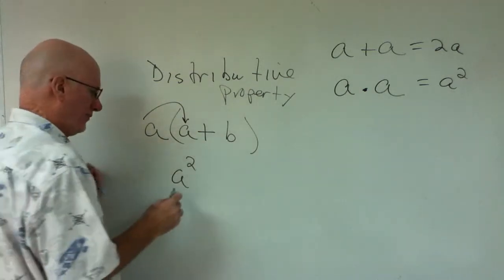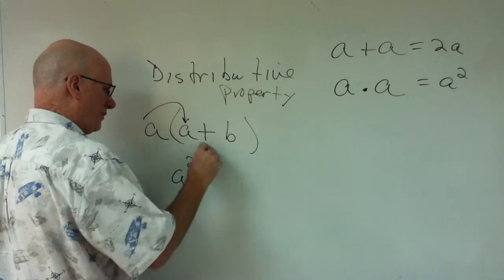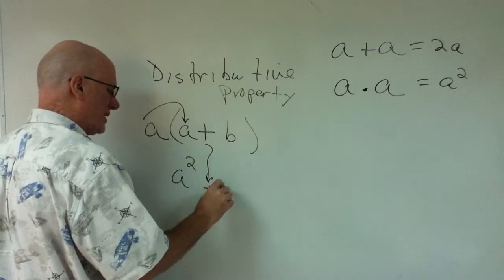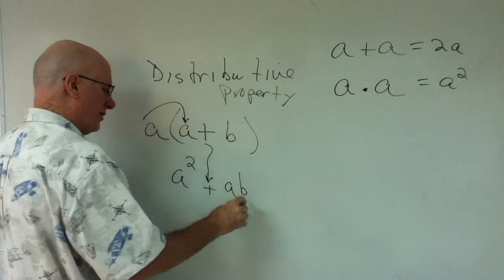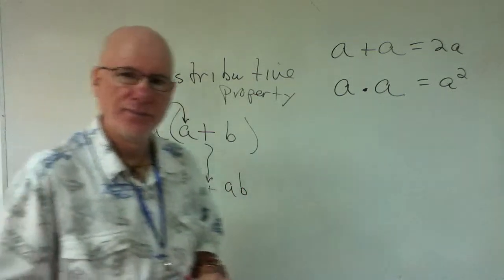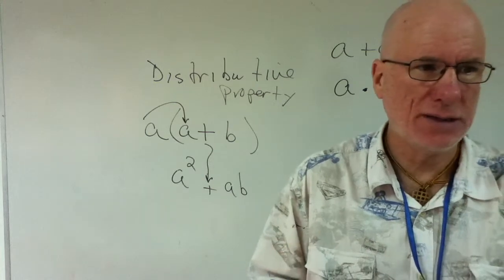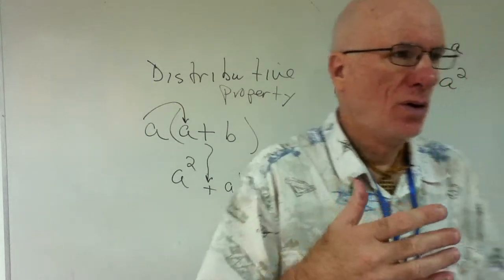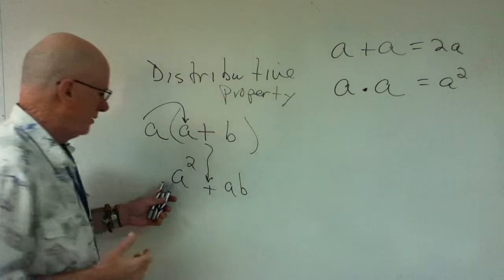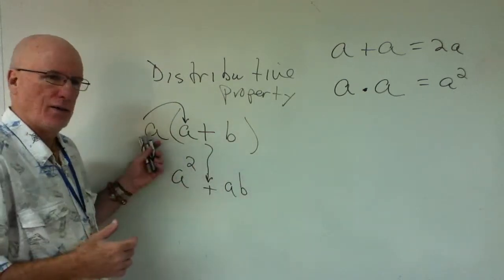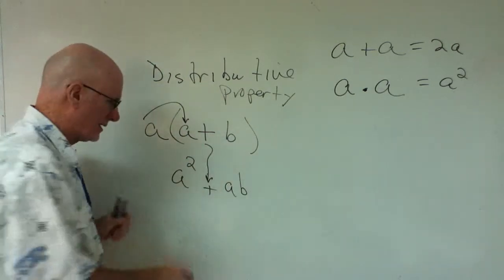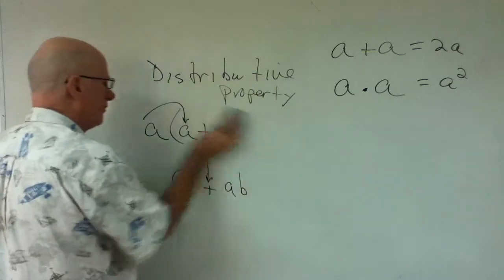What's A times B? Bring the plus sign, AB. You get it? Easy? That's all it is. That's all we're doing. We are distributing a number through there. Now let's look at this. This is an interesting one.